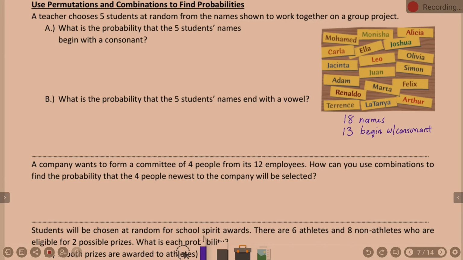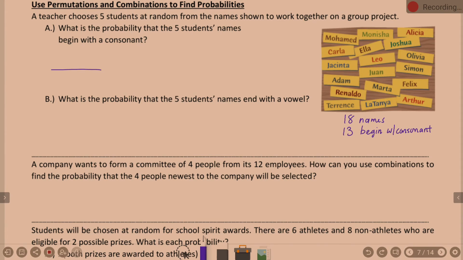So, okay, think probability, yes? We're talking about picking 5 student names, probability that they all begin with a consonant. So that means the denominator is how many groups of 5 can there be?